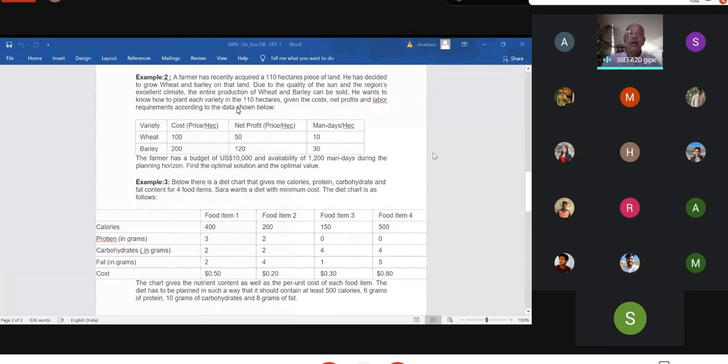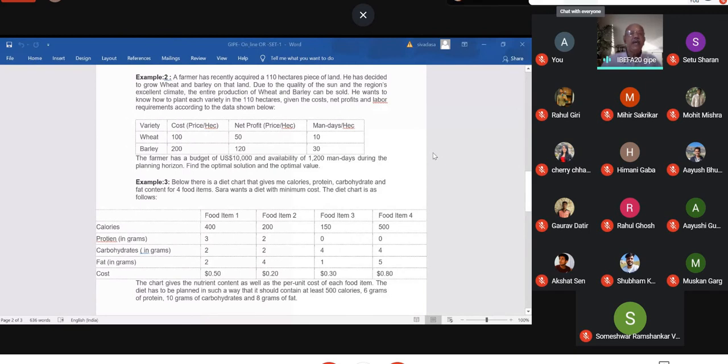Due to the quality of the sun and the region's excellent climate, the entire production of wheat and barley can be sold. Net profits and labor requirements are according to the data shown below, for wheat and barley.